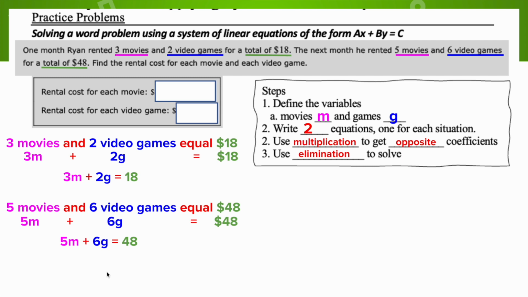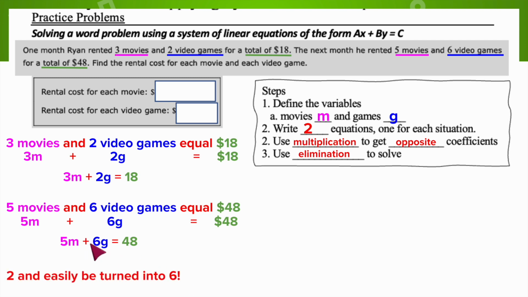So now this is where you would actually make the decision, if you didn't have these little steps, the little notes guide, on what method am I going to use to solve this system. 3M and 5M, those cannot easily be turned into the other, but 2 and 6, 2 can easily be turned into 6, right?